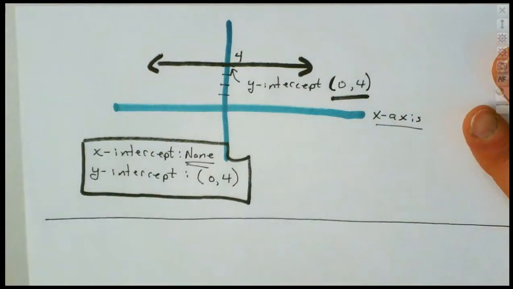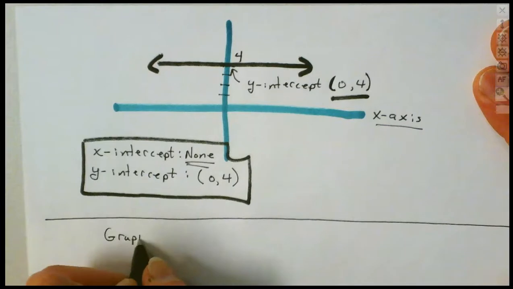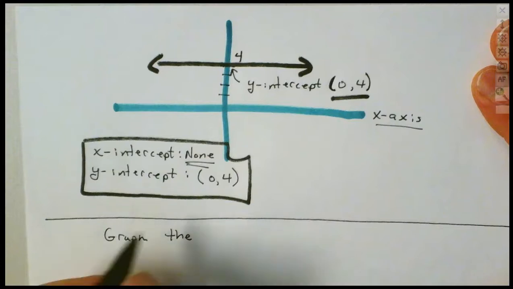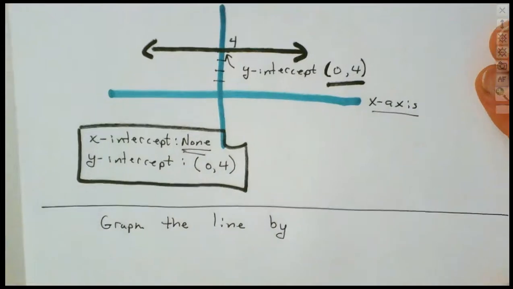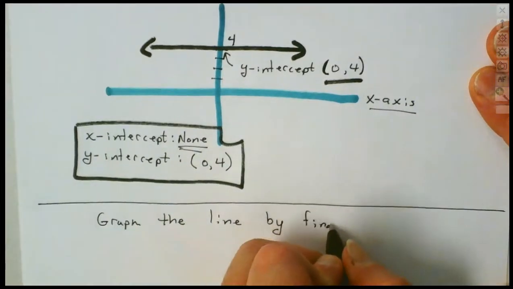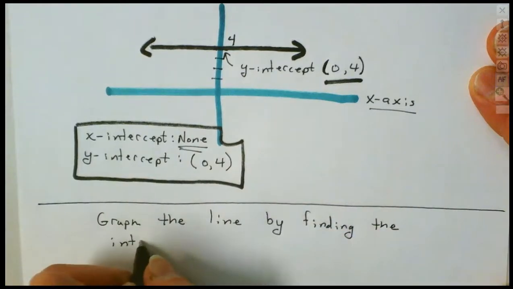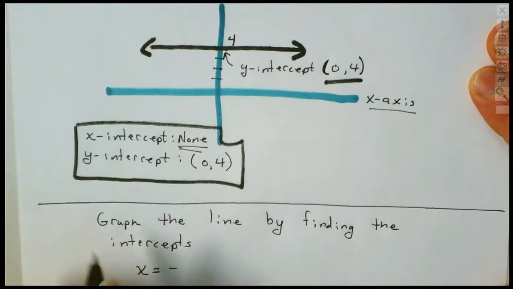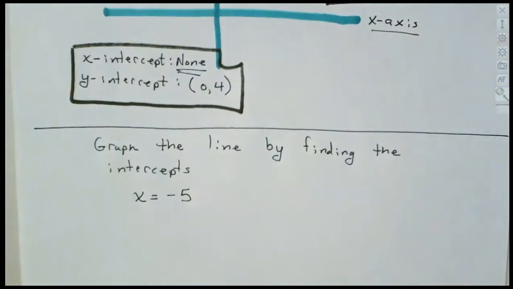Now that was when we had a y line. What's going to happen with the next line? Well, it's going to be done in a similar manner. So let's do one of those. We're going to graph the line by finding the intercepts. So how would I graph this line? x equals negative 5.